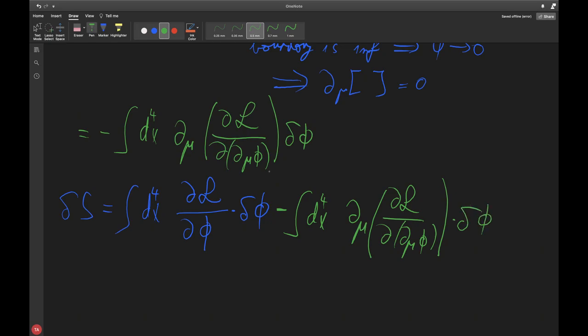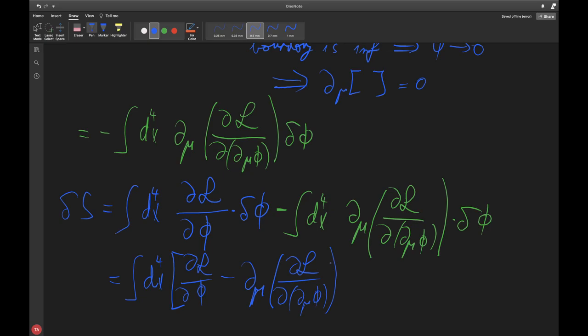That kind of makes us happy, because then we can just take off this delta phi and write that this is a four-dimensional integral of these two terms, the derivative of the Lagrangian by the field and the derivative of the derivative of the Lagrangian by the derivative of the field. It's a really lot of derivations here, I know. And that was multiplied with this delta phi.